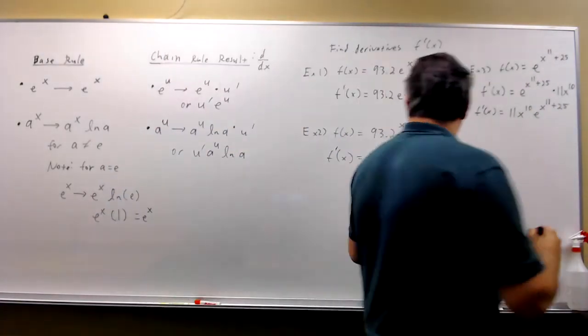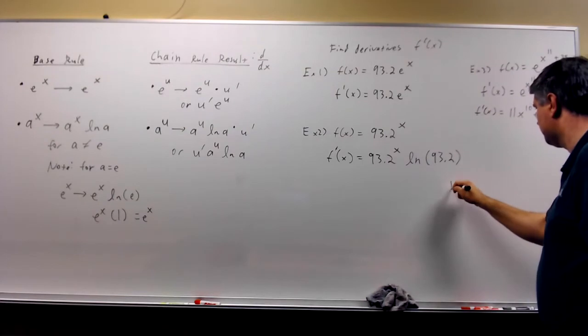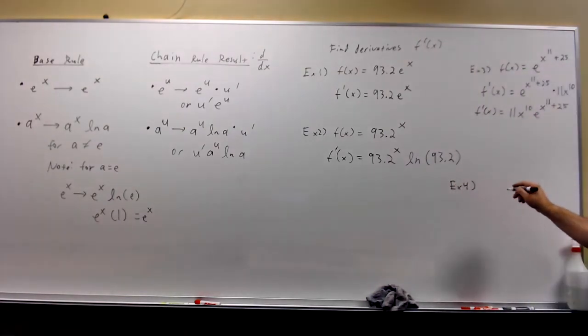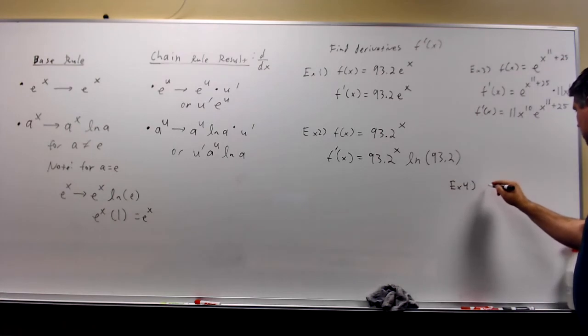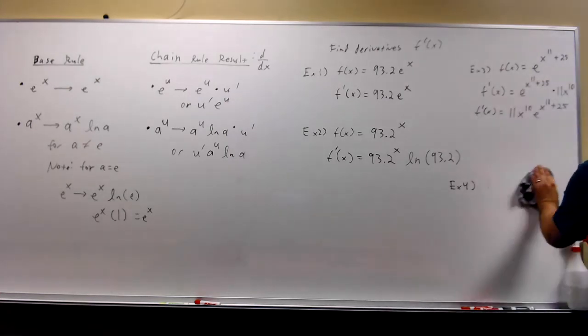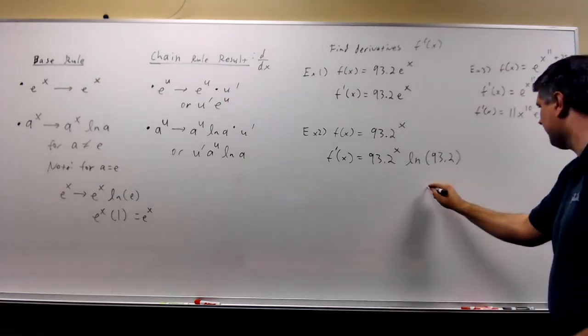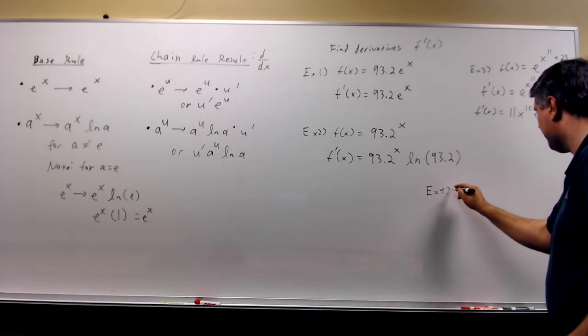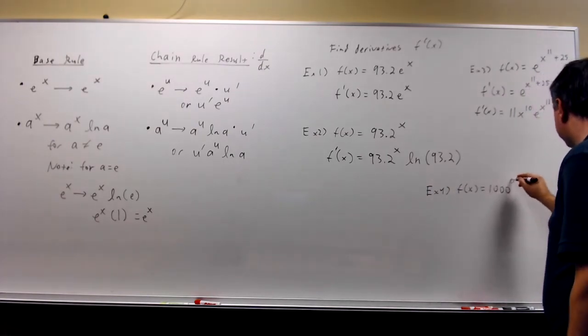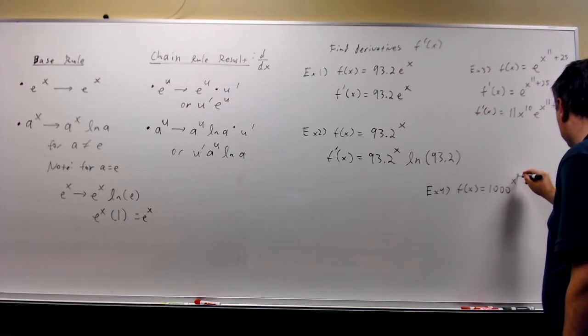So for instance, example 4. f of x equals 1,000 to the x cubed minus 15 power.